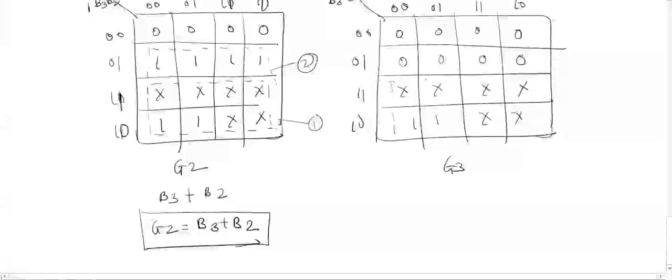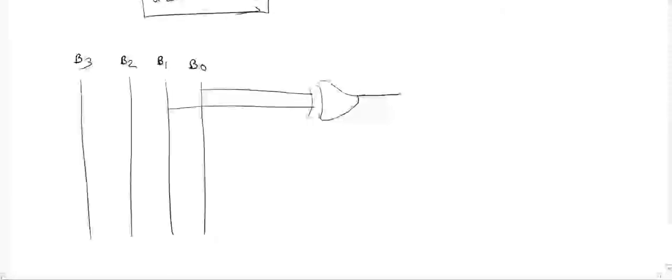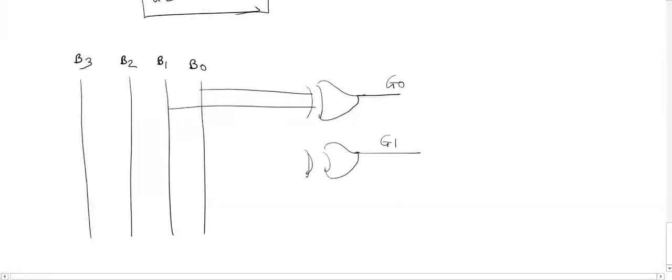The expression for G2 is B3 plus B2, and the expression for G3 is B3. Now after finding all the minimized expressions, my next task is to design and implement the logic circuit for the BCD to gray code converter. Now B2 and B1 are common inputs. Next, an XOR gate I am using here for G1 accepts the inputs B2 as the first input and B1 as the second input.